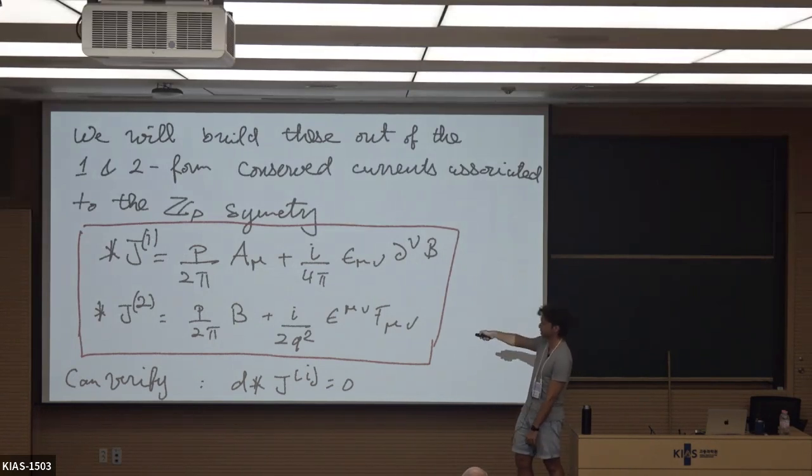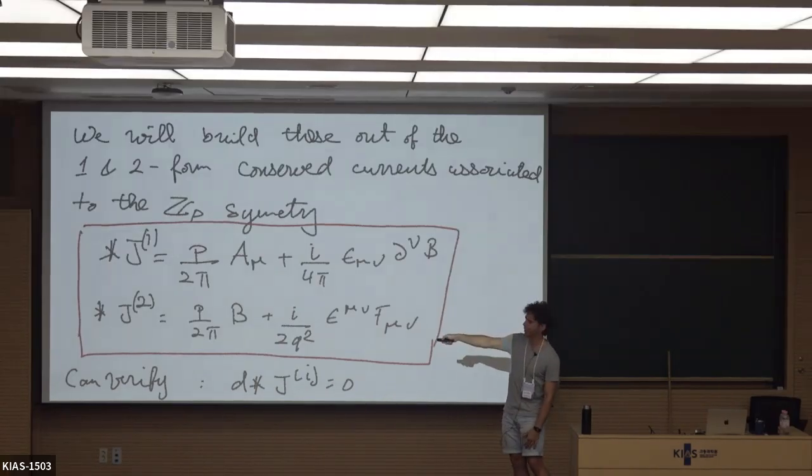So I'm using the star language. I hope that's okay, the Hodge star. But so this is a 1 form. You can see that it has 1 index conserved current built out of A mu. This object is not gauge invariant because it just has an A. So I'm never going to write just star J1 anywhere. I'm going to have to integrate it along the line.